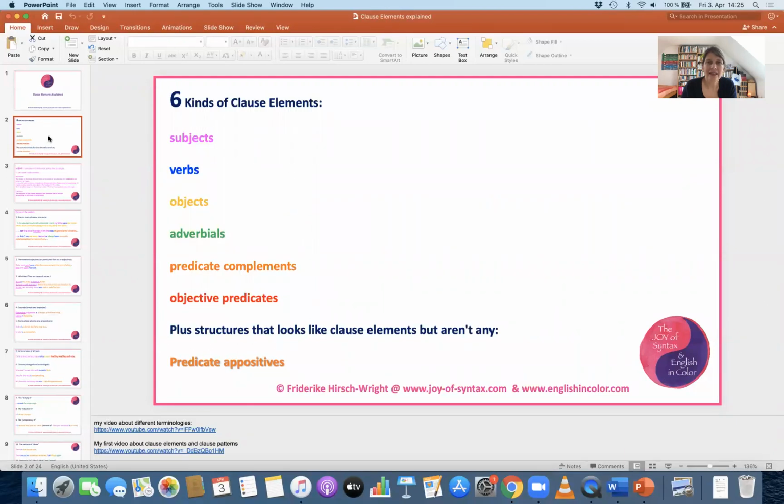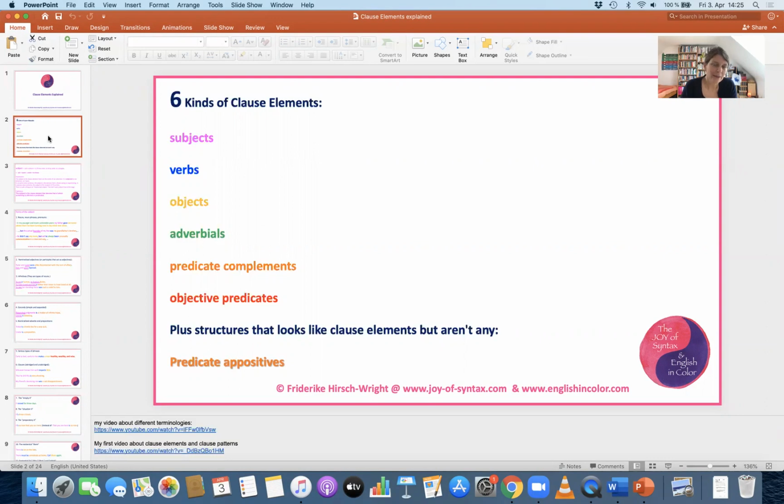And you can then, when you understand the clause elements, understand what kind of reading strategy will be required by your readers, or if you're the reader, by you. I will make a video about that as well. But now we'll start at the beginning. And we'll talk about these 6 clause elements.